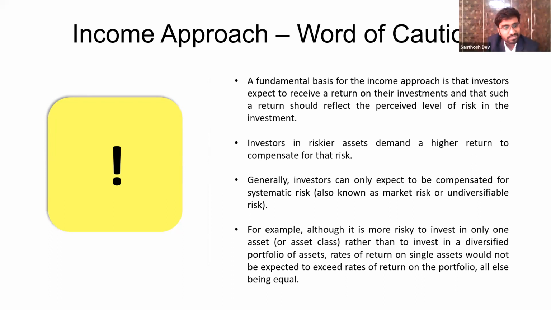So that is the minimum expected by the investor to invest in that company, and we can call it the cost of equity. That is the minimum he is expecting. Alpha is something which is beyond that risk, because your risk is already covered in the return, whether that risk was systematic or unsystematic.